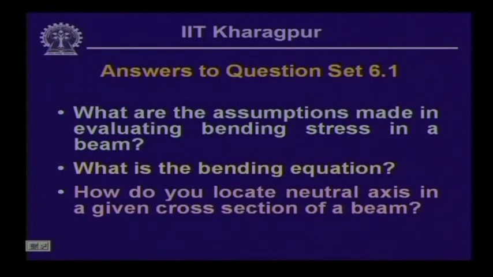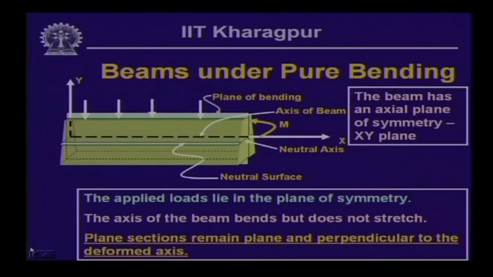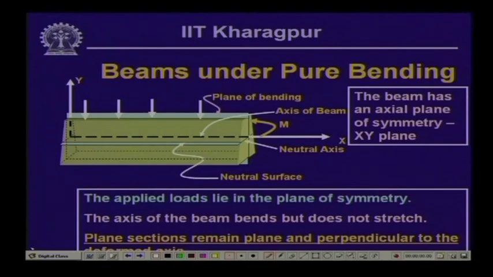Well, let us look into the answers of the questions which I gave you last time. The first question was, what are the assumptions made in evaluating bending stress in a beam? Now, this particular aspect let us discuss with respect to the diagram which I discussed in the last lesson.